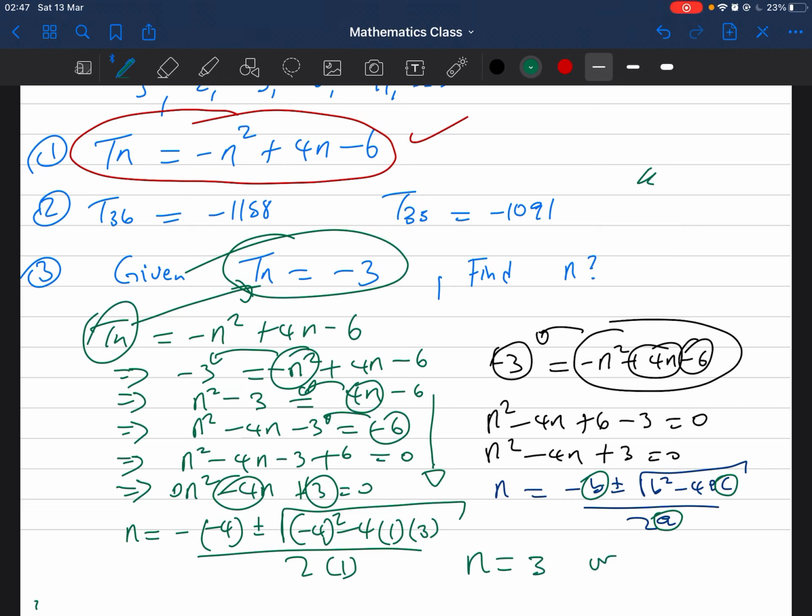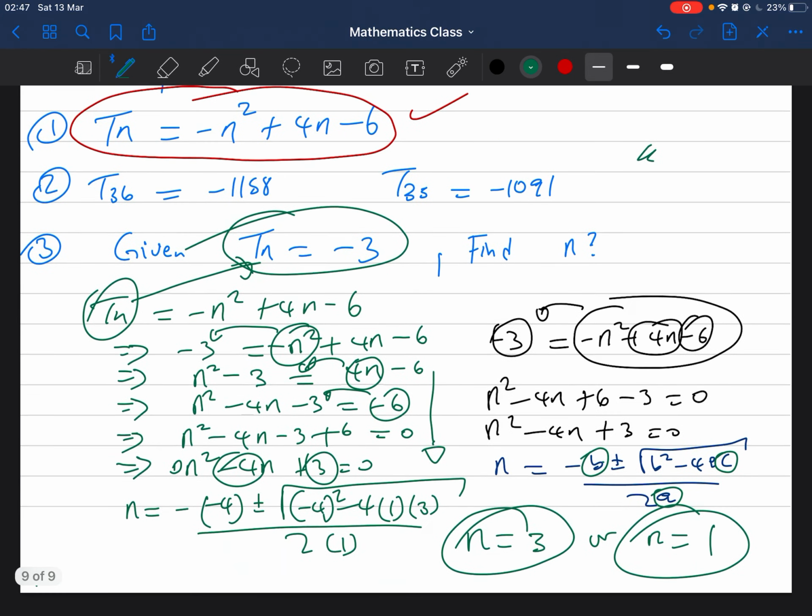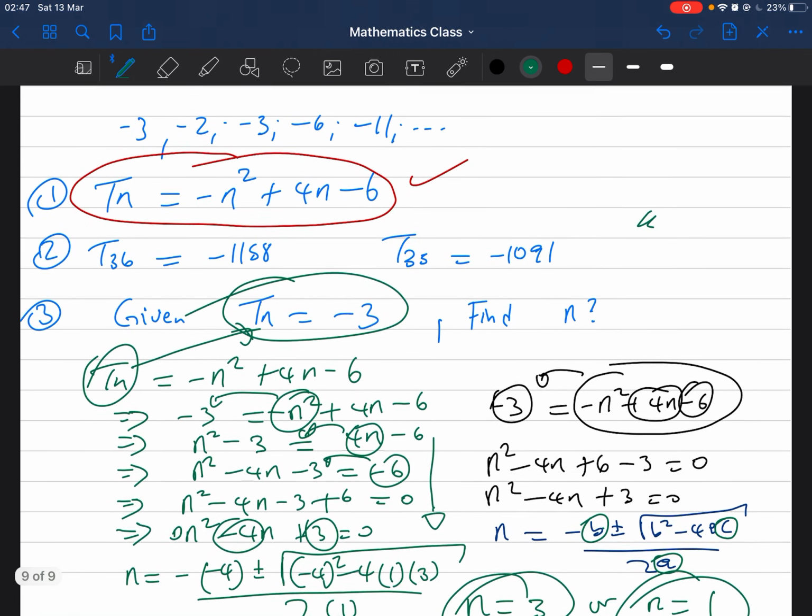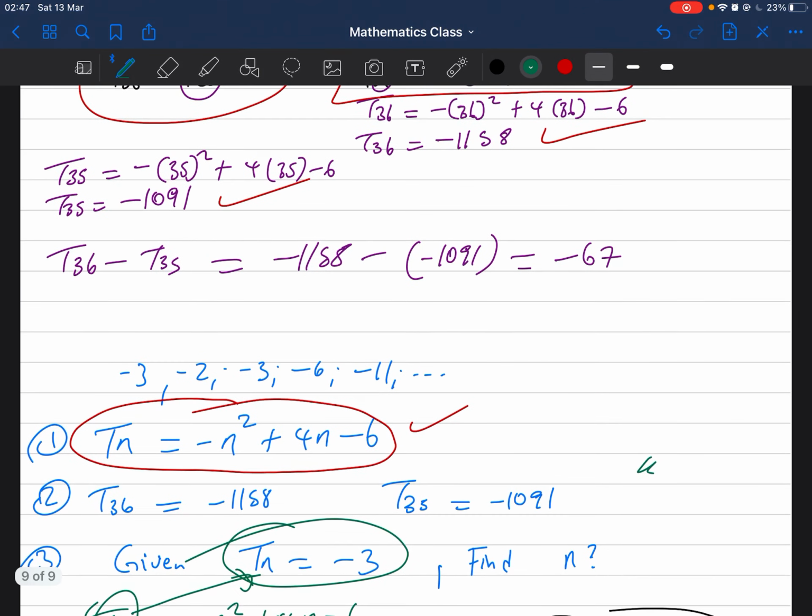If you punch that in and calculate with the positive sign, you're going to have 3, or if you change that positive to negative, you're going to have n is equal to 1. That's basically your answer: n is equal to 3 and n is equal to 1.